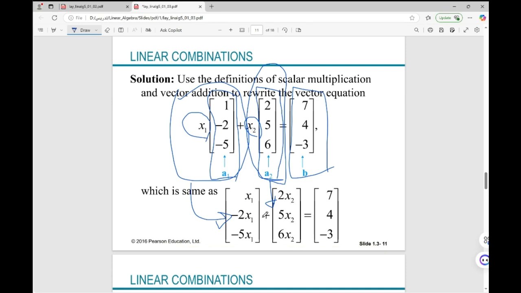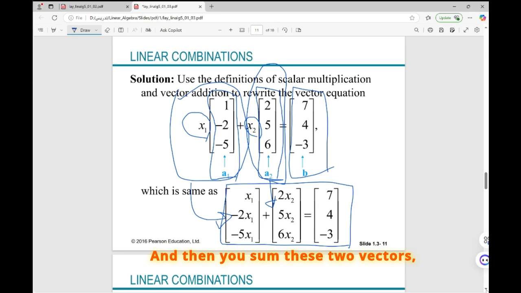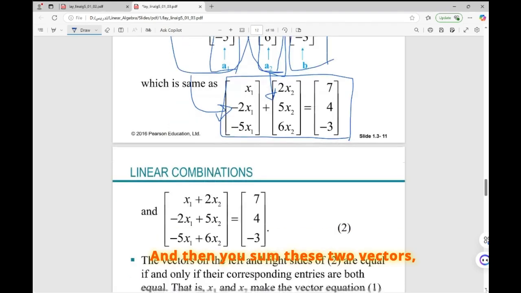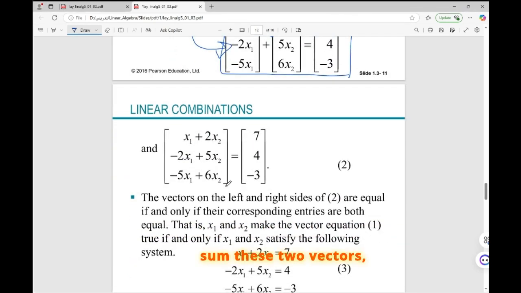The sum of these two vectors should equal b, right? You sum these two vectors, and this is the resulting vector, which should be equal to b.